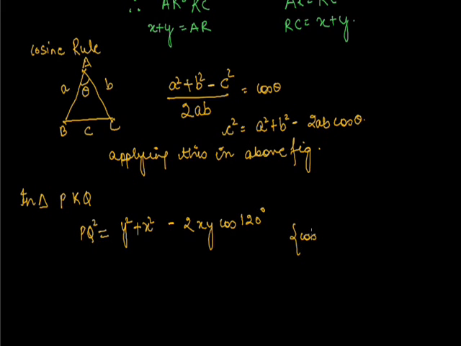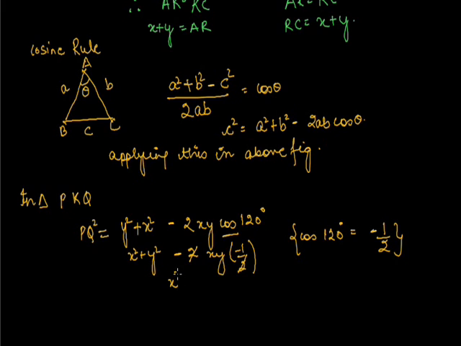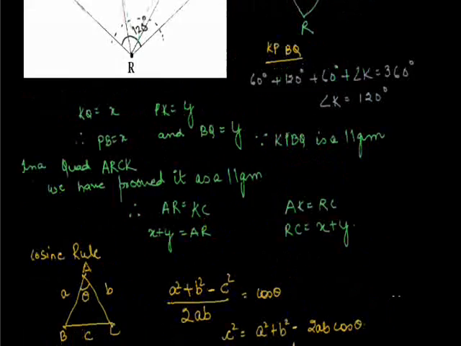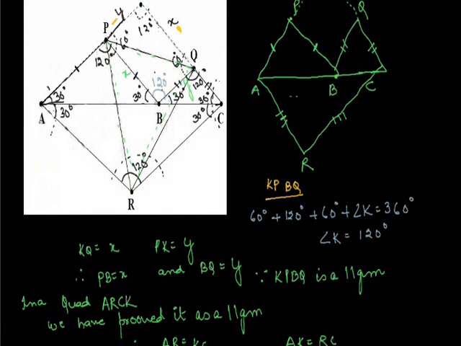We know that cos 120 degrees is equal to minus half. So we'll be substituting in this. So x square plus y square minus 2xy times minus half. This 2 will get cut by this 2. So it will become x square plus y square plus xy. This is PQ square. That is, PQ side is equal to under root of x square plus y square plus xy. Now we have found the side PQ.